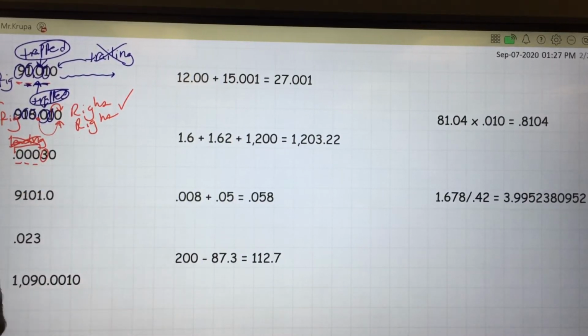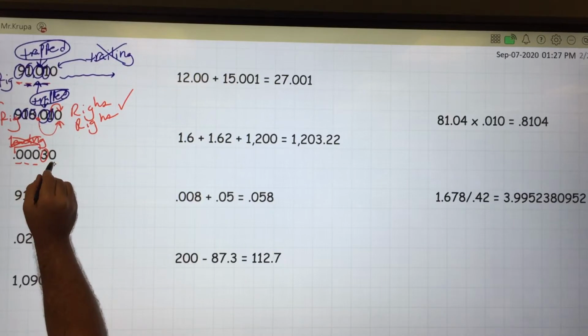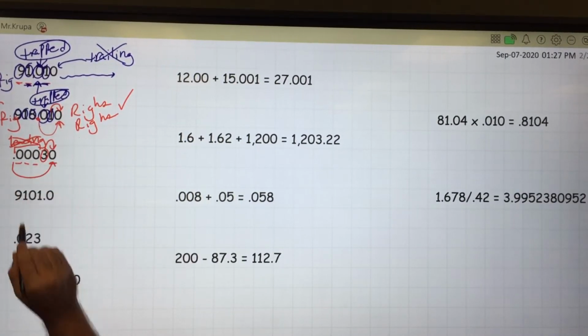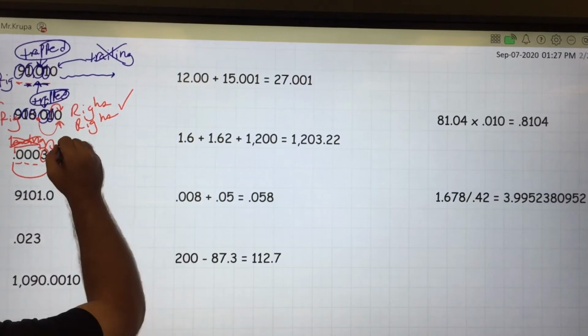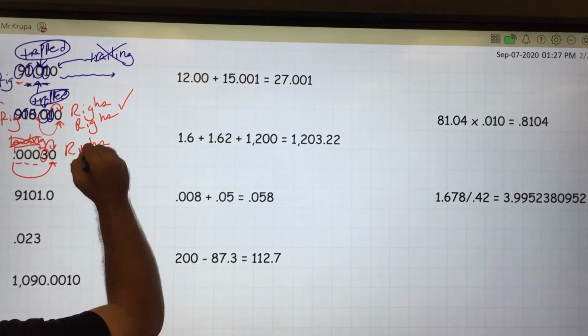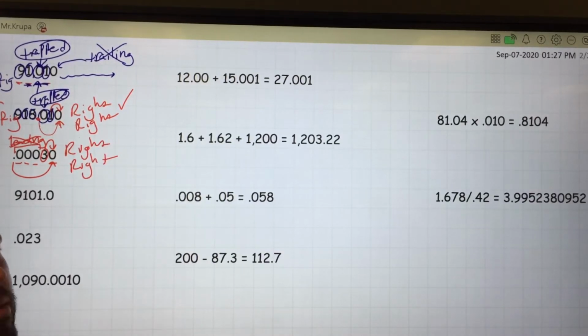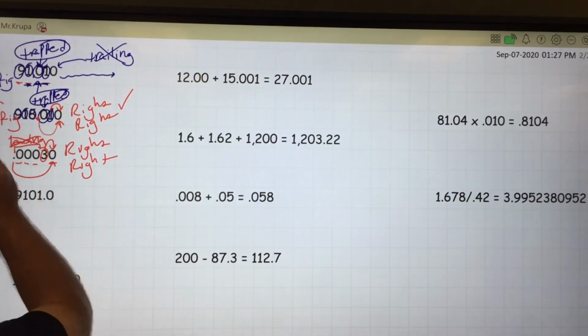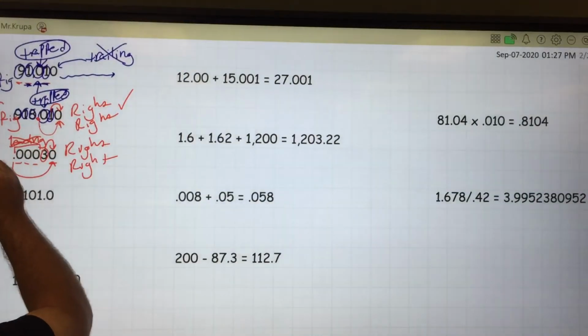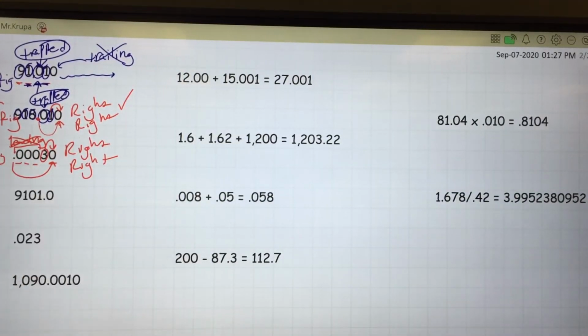That 3 is significant. This zero here is to the right of the 3 and to the right of the decimal. That means it is a right zero. That means it is significant. So this one has 2 Sig Figs.